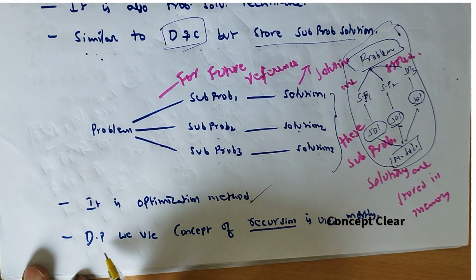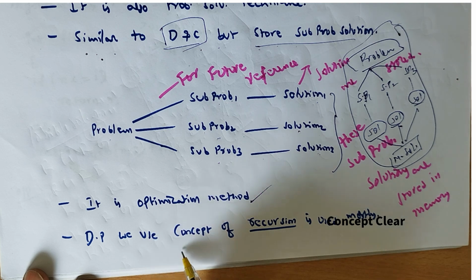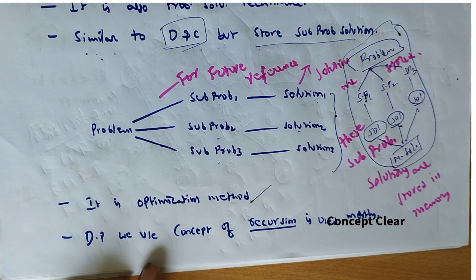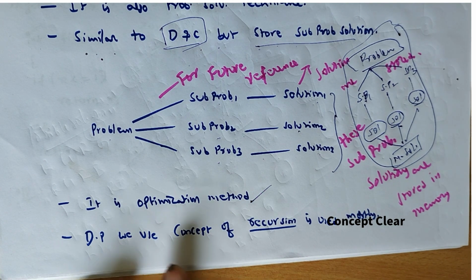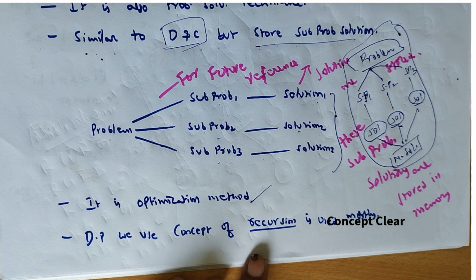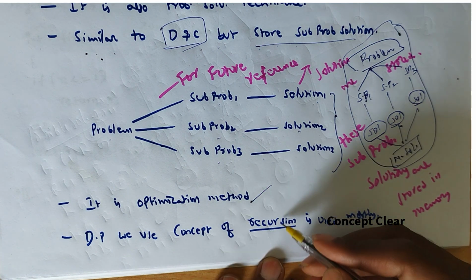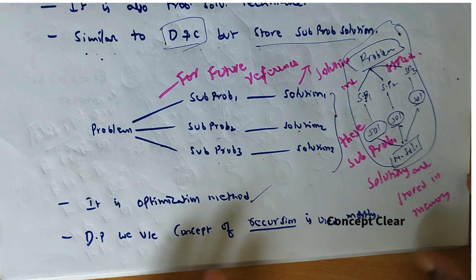And next, in dynamic programming we use the concept of recursion. What is the meaning of recursion? A single function is defined once and called again and again.